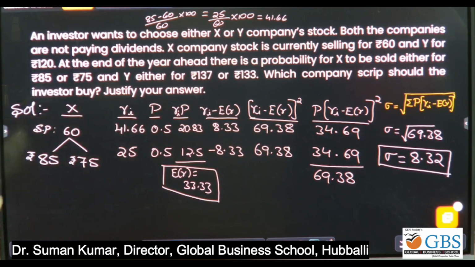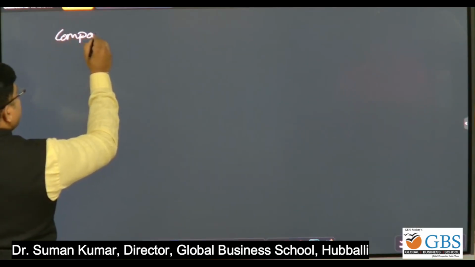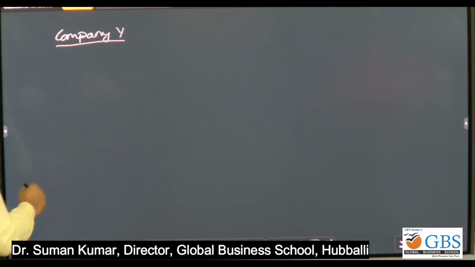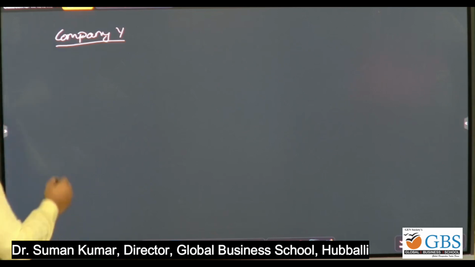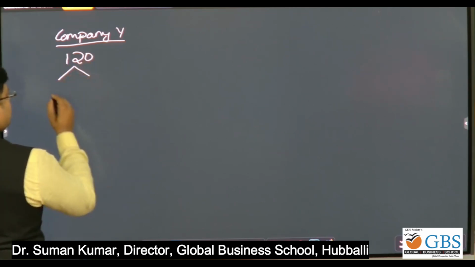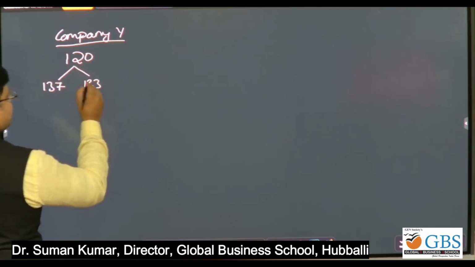Now, find out for company Y. What is the initial selling price of company Y? 120, and it is 137, 133.